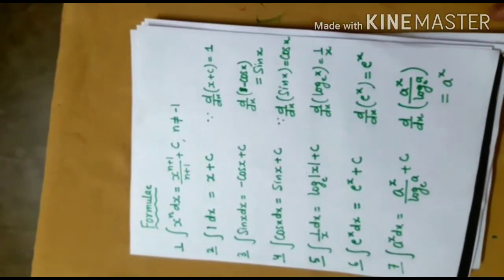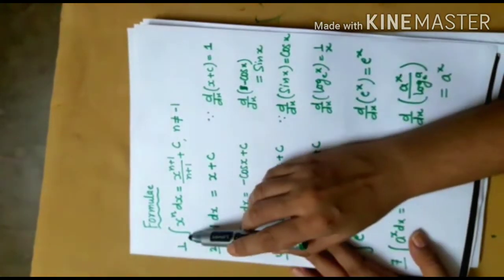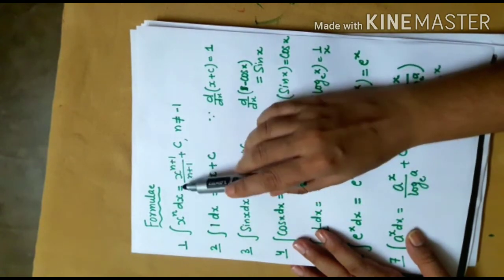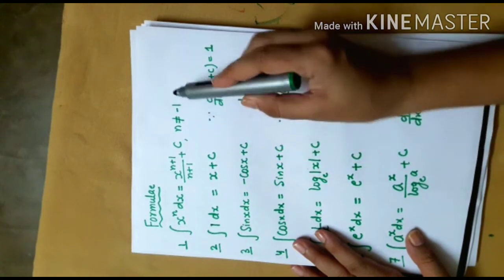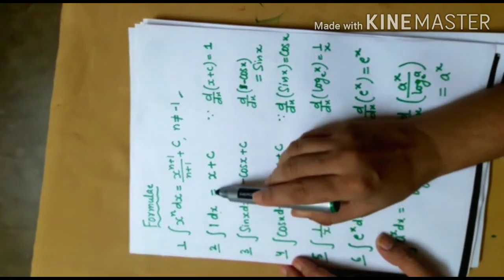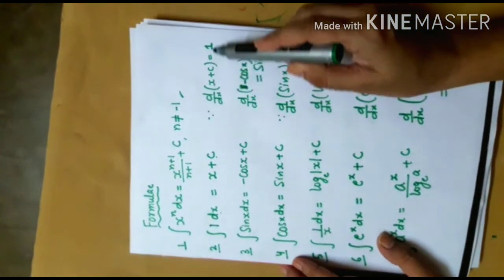So we have certain formulas which you have to memorize. Yes, integral x raised to the power n dx is x raised to the power n plus 1 over n plus 1 plus c, and n should not be equal to minus 1. Integral 1 dx is equal to x plus c because derivative of x plus c is 1.